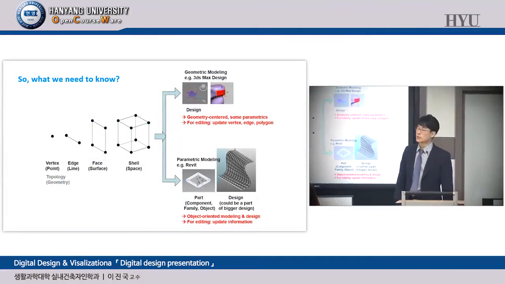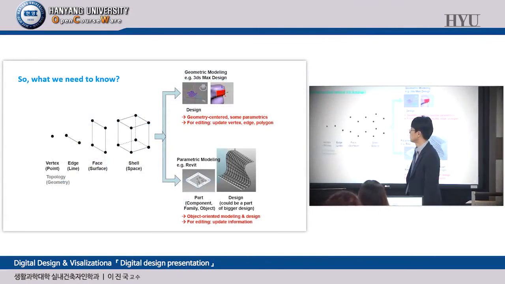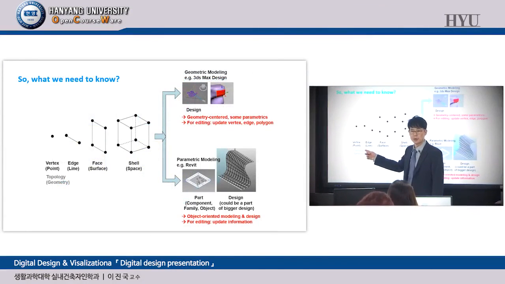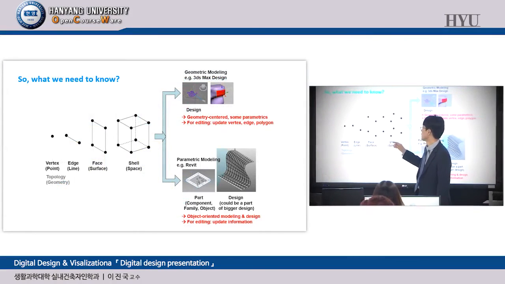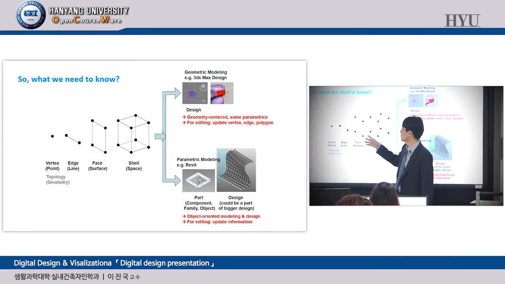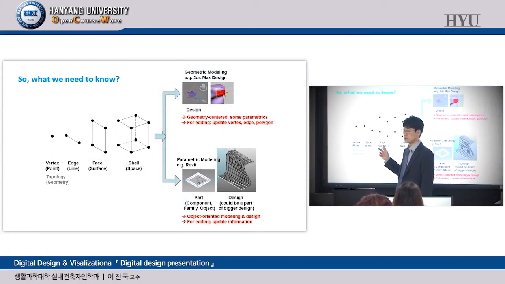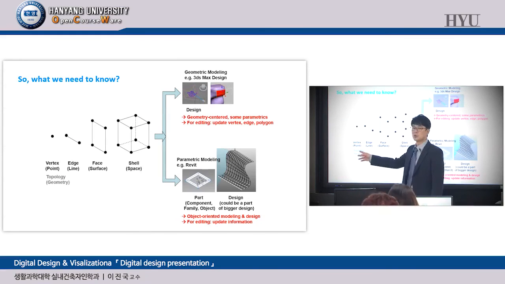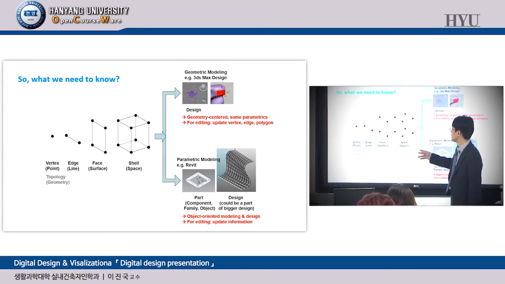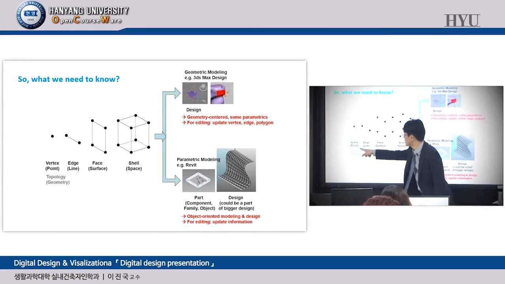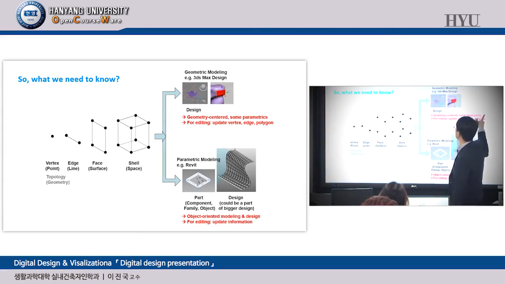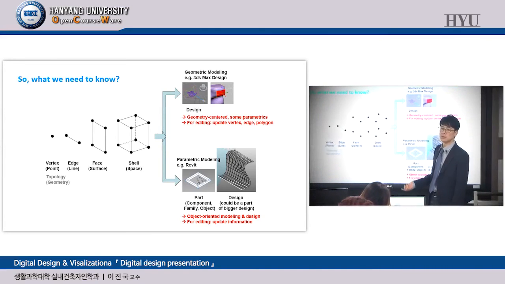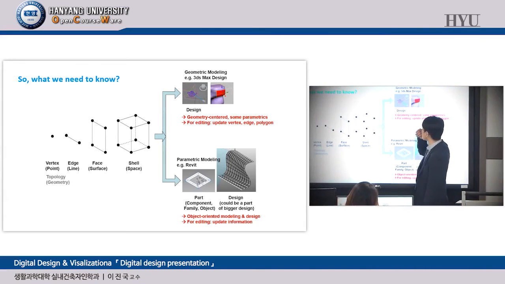So what we need to know, what we have learned, you know editable poly, okay? Controlling vertex, edge, face, shell. For the box, we need to control vertex, edge, face, the so-called editable poly mode, topology or geometric control. And we have learned this process and this process, okay? Geometric controlling modifiers in 3D Max, especially in 3D Max.